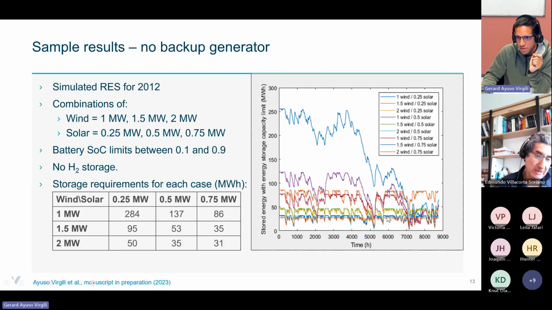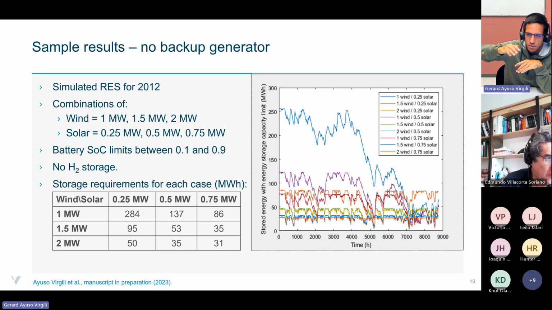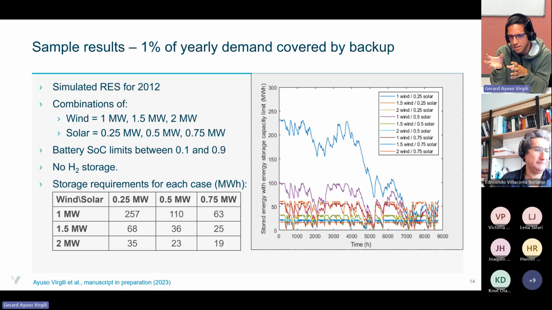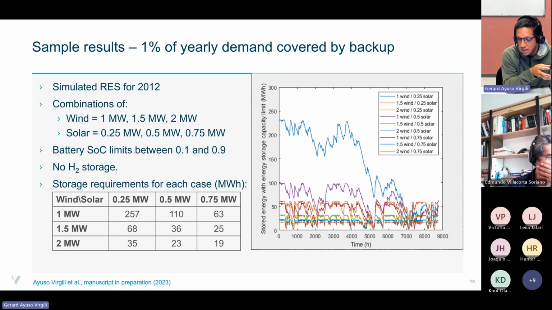So if I go back now, we'll see that what we are doing by having these backup systems is shaving off the bottlenecks of these curves, which allows the whole curves to go down. And in the end, we would want to see, let's say, if we go up to 10 or maybe 20%, that would be maybe too much, but it would be nice to see how this would affect the energy storage demands of these different hybrids.